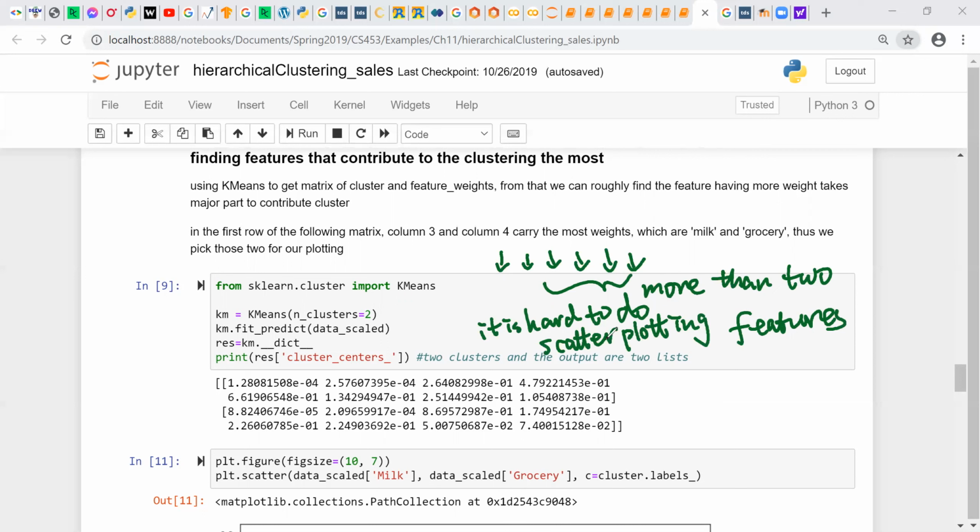A lot of the time, if you do some scatter plotting with your dataset, that may help to see some trends or patterns of your data. But if there are more than 2 features, it's hard.